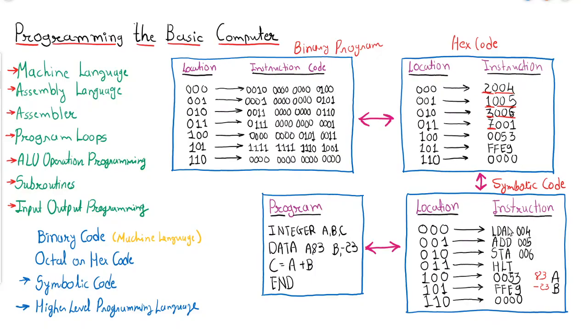All 0s. Now still it is a little bit difficult to write the code in assembly language. So what if we can write the code in human understandable language? That is the high level programming language.